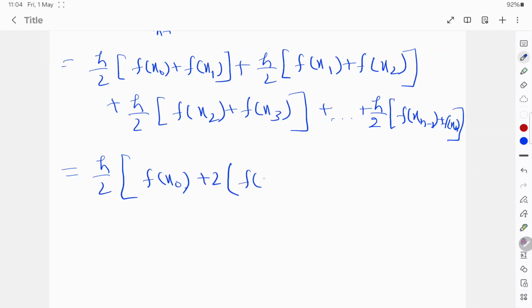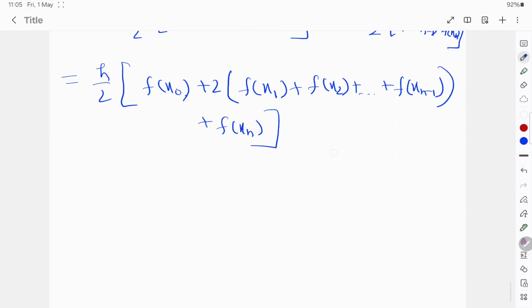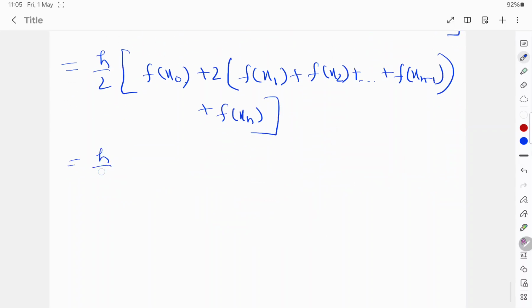You just observe this term. Or in terms of y0, this will be y0 plus 2 into y1 plus y2 plus dot dot dot yn minus 1 plus yn.